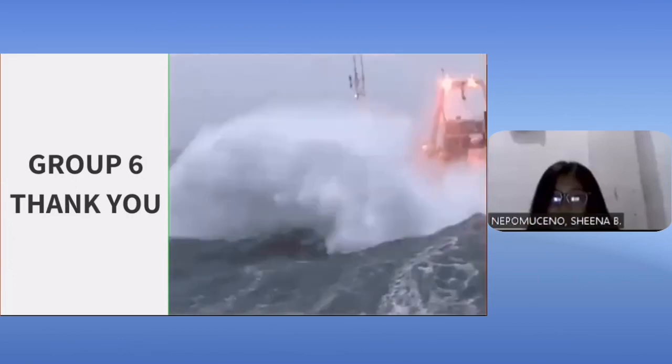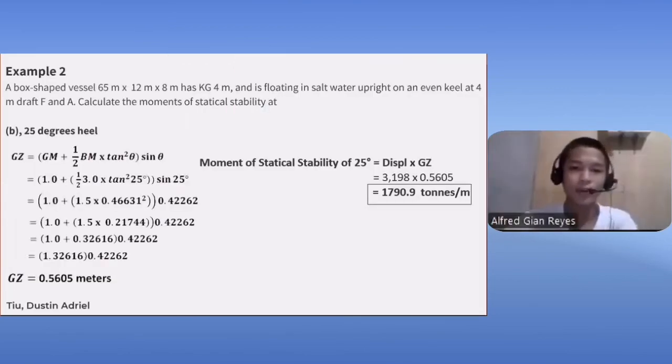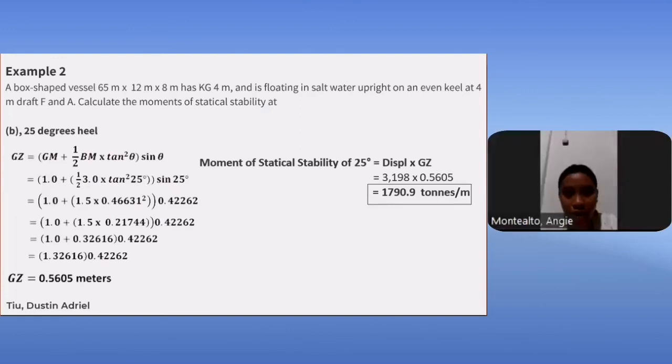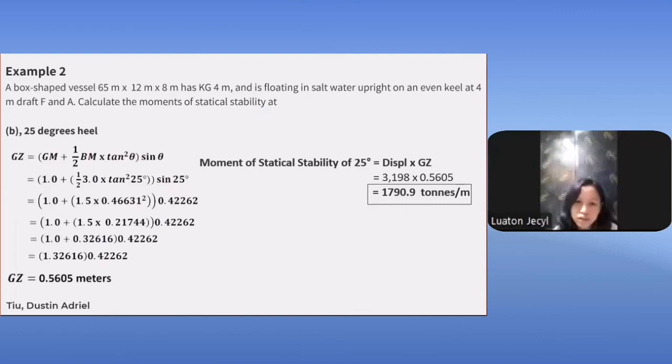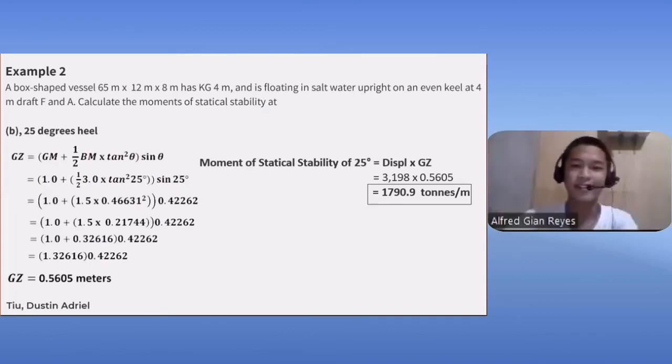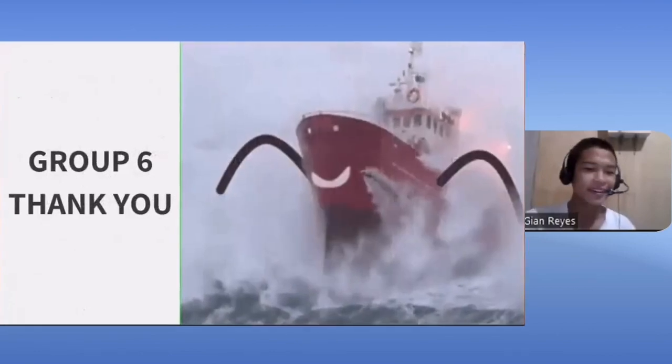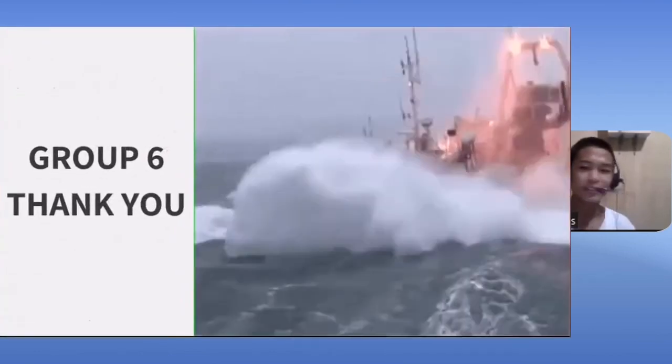While for angles more than 15 degrees, GZ is equal to open parenthesis GM plus 1/2 BM times tan squared of the angle of heel close parenthesis sine of the angle of heel. So those are the main formulas that are used in getting the moment of statical stability. So that's all for our group 6 reporting.